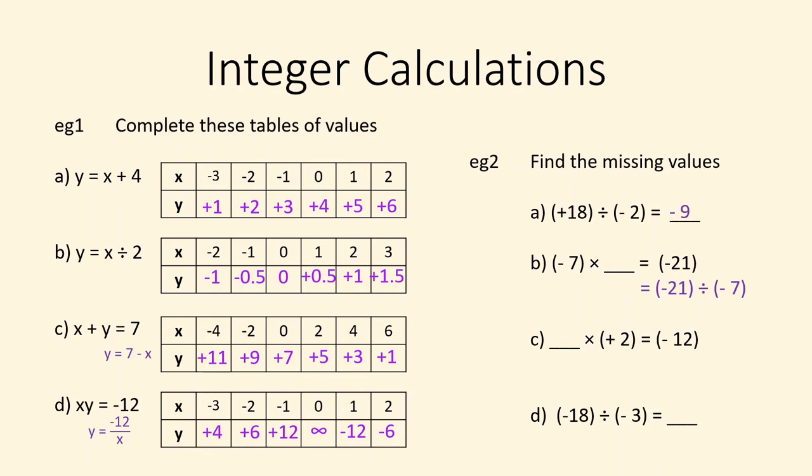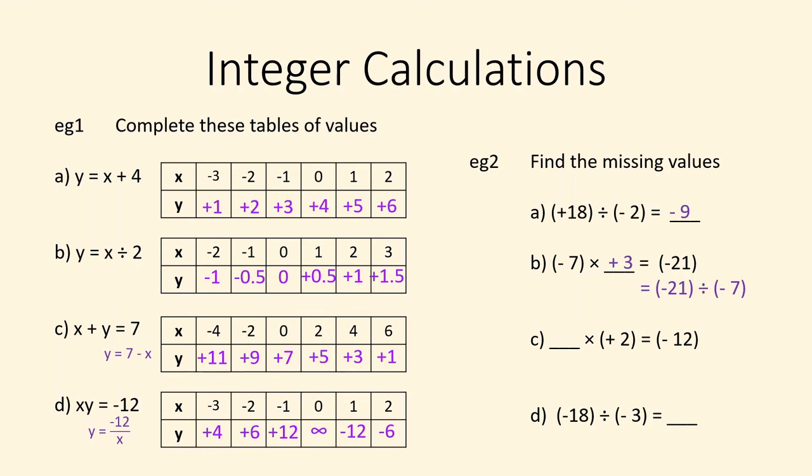Negative 21 divided by negative 7. The signs are the same, so the answer is positive. And that's 21 divided by 7, that's 3. Positive 3. Check your answer. Negative 7 times positive 3. The signs are opposite, so our answer is supposed to be negative. 7 times 3 is 21, so we got it, negative 21.